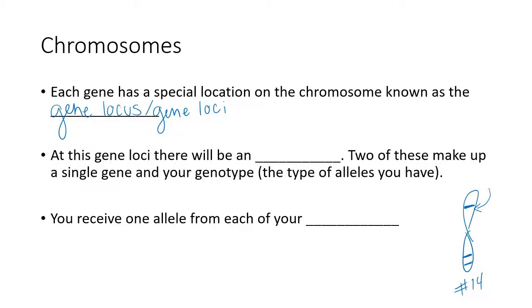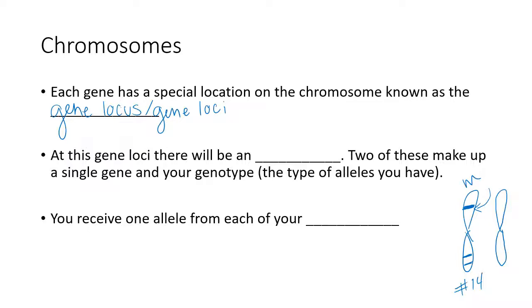And so on every chromosome number 14, you're going to have the same gene located at the same location, or gene locus. So that means that, to make up your 46 chromosomes, you're going to get a chromosome 14 from your mom.